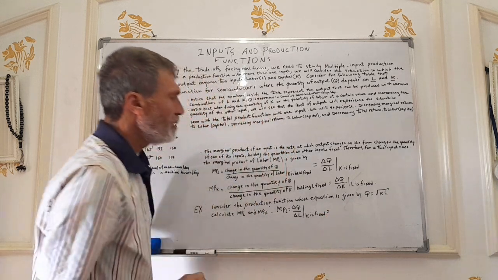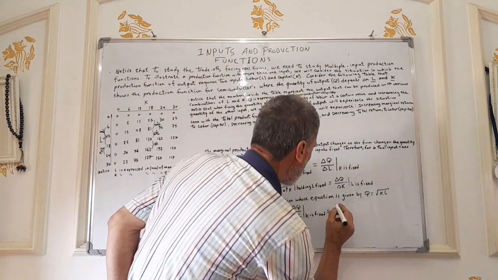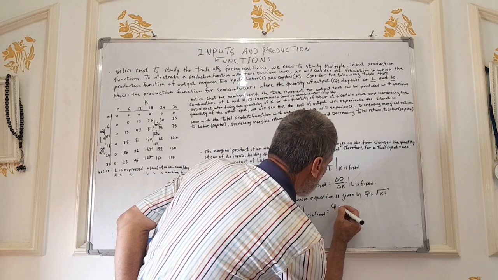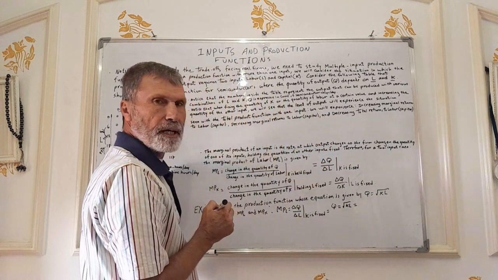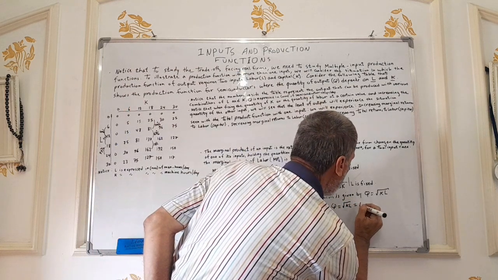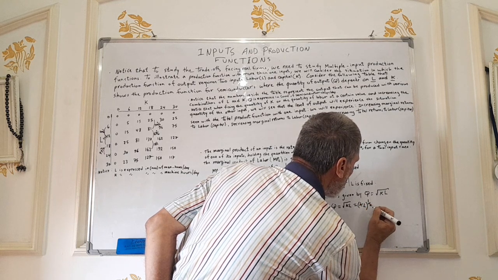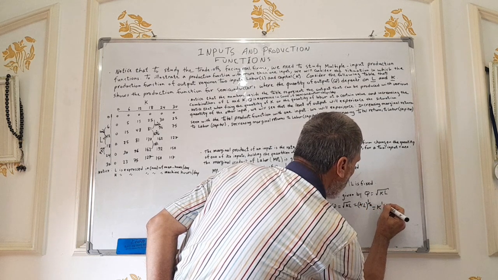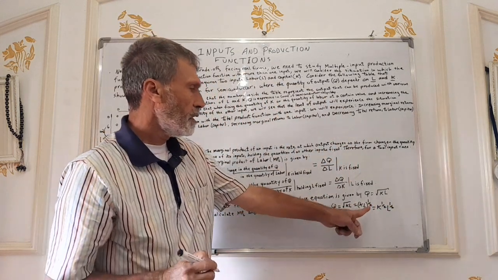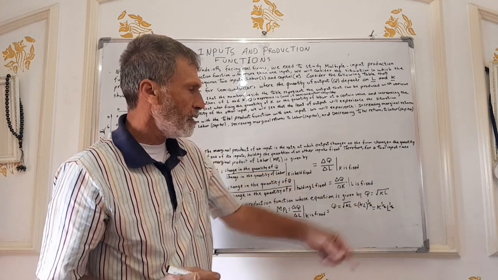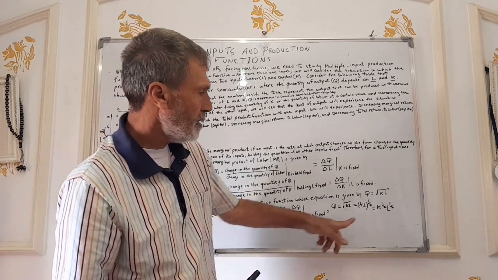The easiest way to calculate this is to take away the radical first. So we say Q equals the radical of KL; we take away the radical and it becomes (KL) to the 1/2, which is equal to K^(1/2) L^(1/2). So we take away the radical term and instead use exponents like this.